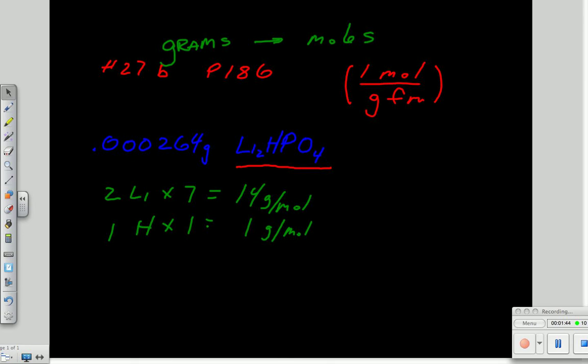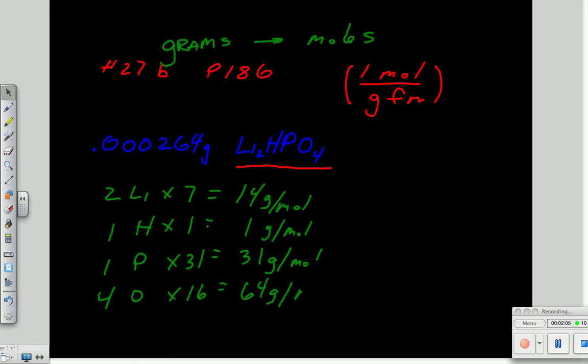I'm going to have 1 phosphorus, and each phosphorus weighs 31 grams per mole, so that'll be 31 grams per mole for the phosphorus. And I'm going to have 4 oxygens. Each oxygen is 16 grams apiece, so that's going to add up to be 64 grams per mole. I add the whole thing up, and I end up with a formula mass of 110 grams per mole. Well, that is what I'm going to use right there.